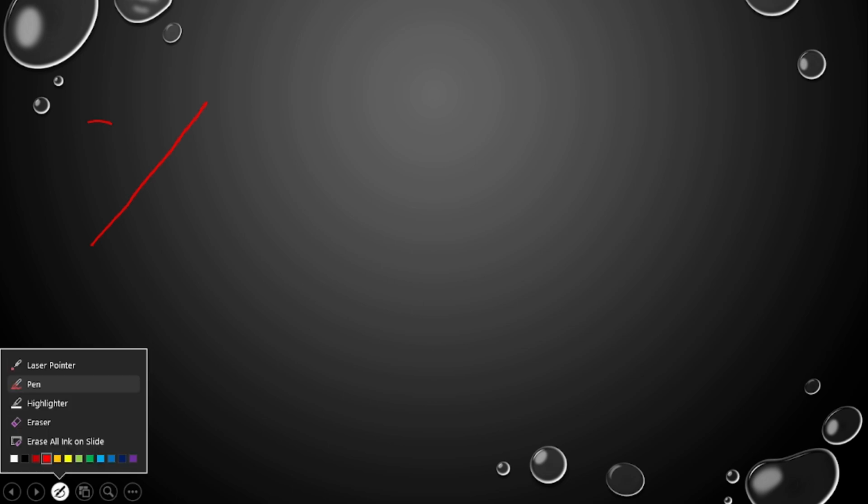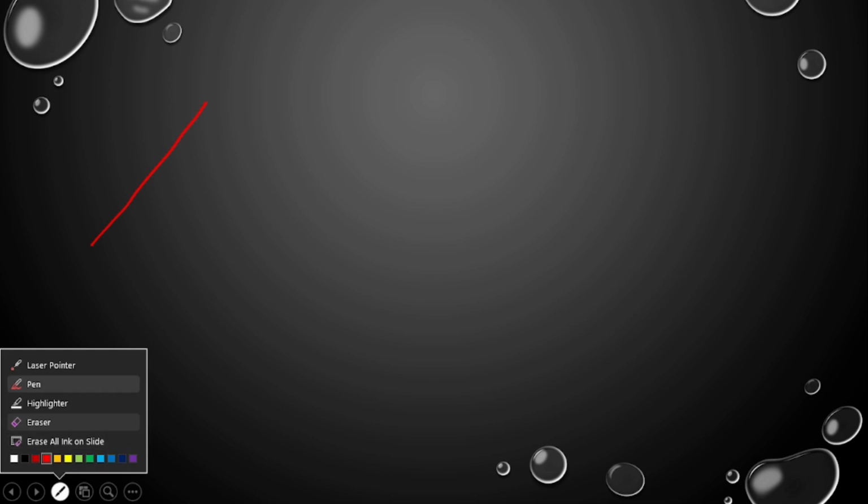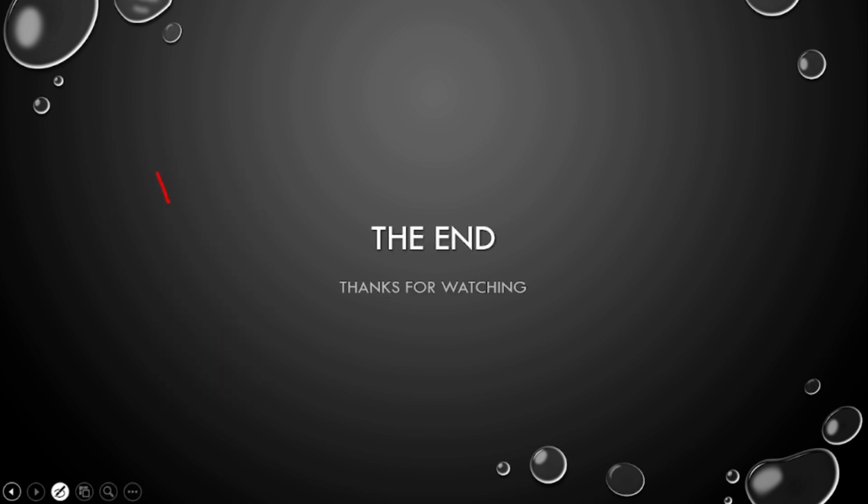Parallel to the surface, perpendicular to the surface, this will be the direction of mg.